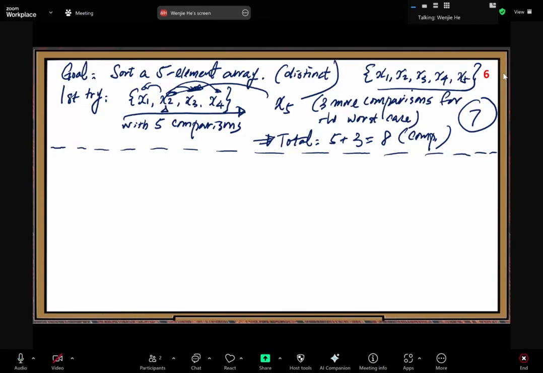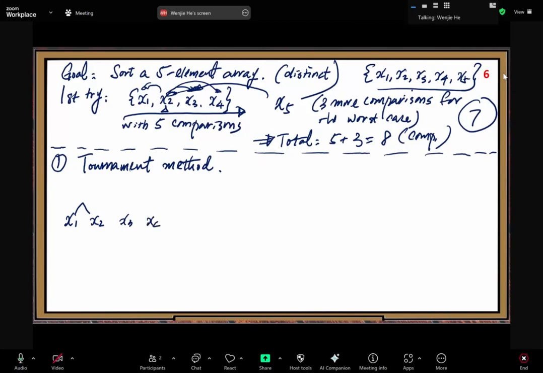The first round we want to do, let me write this: tournament method. We're familiar with this tournament method, right? So in this first round, let's apply the tournament method on this 5-element array. X1, X2, we compare these two elements.